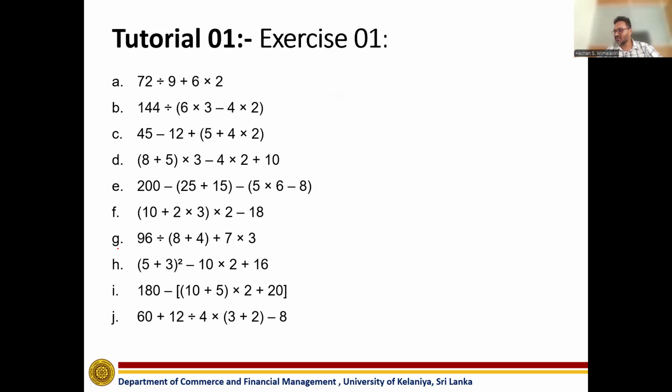So can you do this G and put the answer here? G and F, right? F and G both should have answers here.